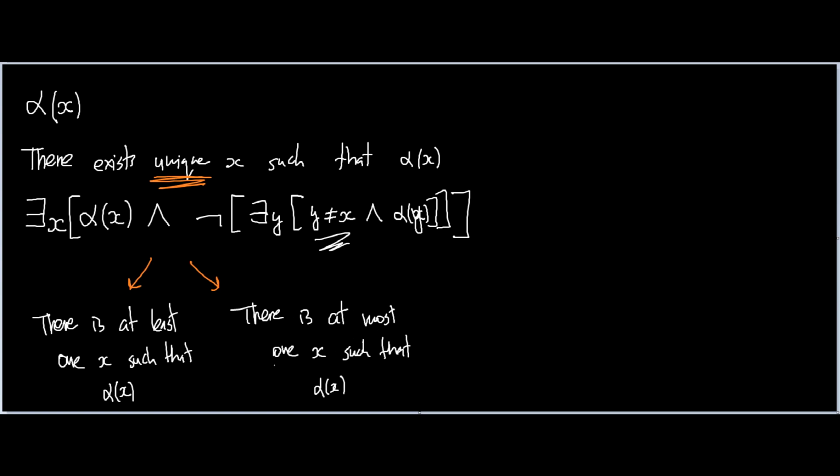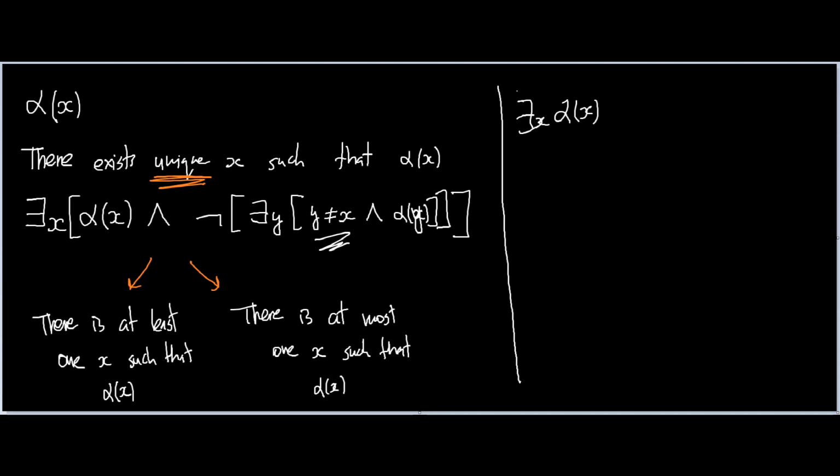Now, the left-hand side part will be expressed in the same way as we did before. So there exists x such that alpha x. We will treat this as one separate statement, and we will take its conjunction with another one that will say that there is at most one such x.